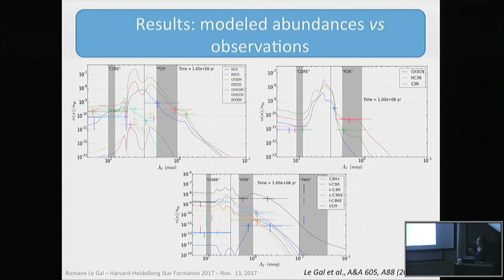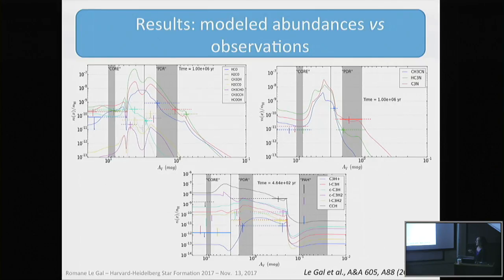For the small hydrocarbons, for instance, at the very edge of the Orion Bar, this is the third position that was observed in the spectral line survey WHISPER, which was called by the observers the PAH position, where they observed high abundances for some of the hydrocarbons, and our model was not able to reproduce these abundances. Even for earlier times, where our model can produce more of these molecules, we were still underestimating the observation by more than an order of magnitude.